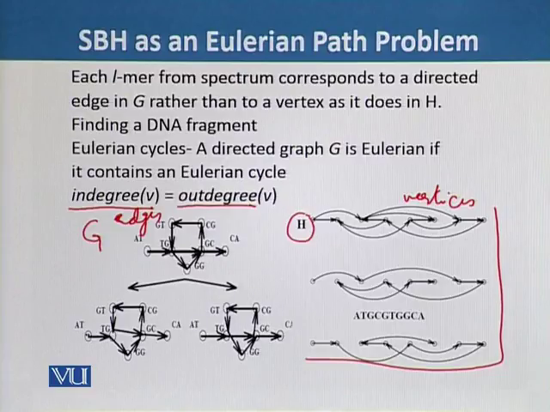Thus the in-degree of V is equal to the out-degree of V for every vertex V in this Eulerian graph.